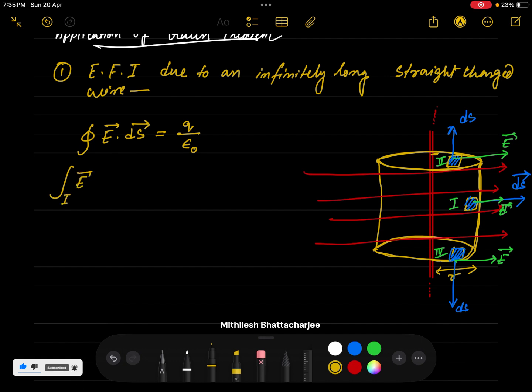So integration of E dot ds for the first surface, plus integration of E dot ds for the second surface, plus integration of E dot ds for the third surface, equals 1 by epsilon into q.